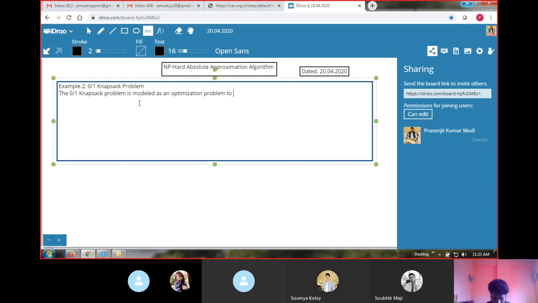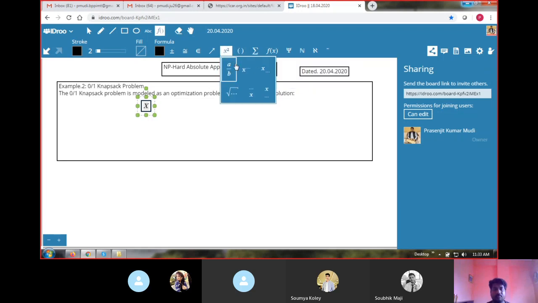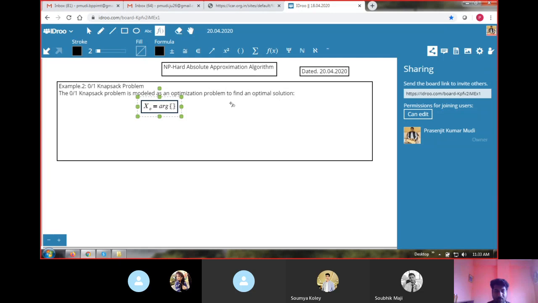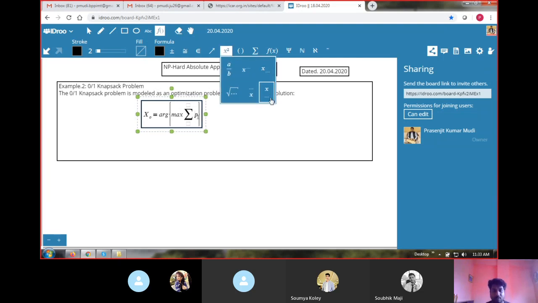The solution is given as follows: a vector, this is the argmax of the summation of Pi Xi.